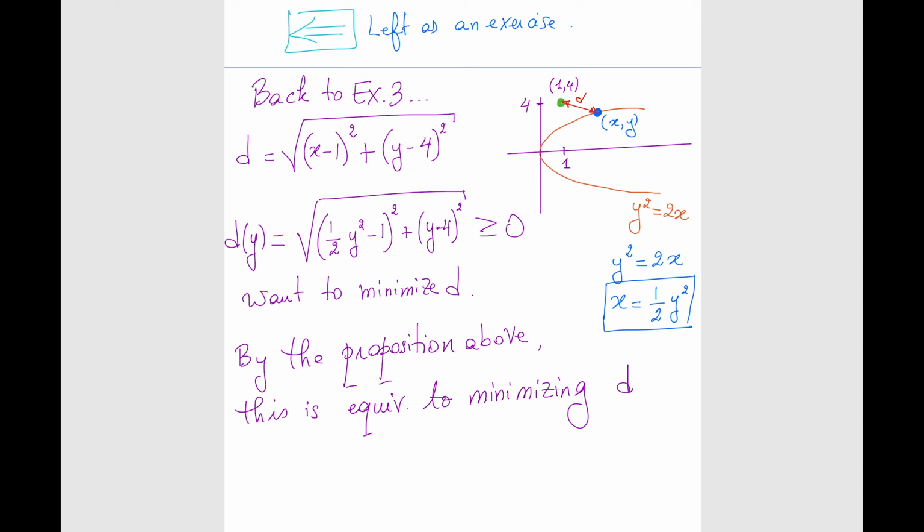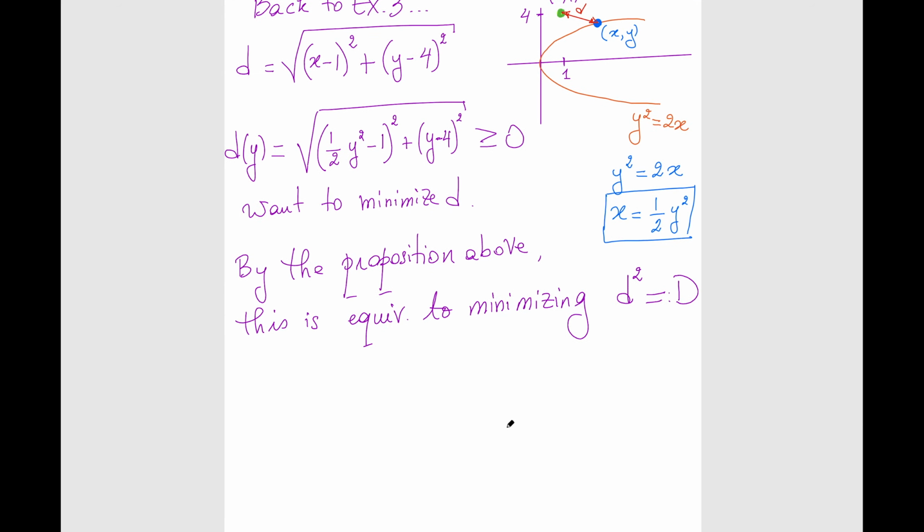How about we call the function d squared by capital D? So what's D then? D of y, a function of y, is simply that d squared, which means this expression without the square root. So D of y is (half y squared minus 1) squared plus (y minus 4) squared. Correct? Very good.